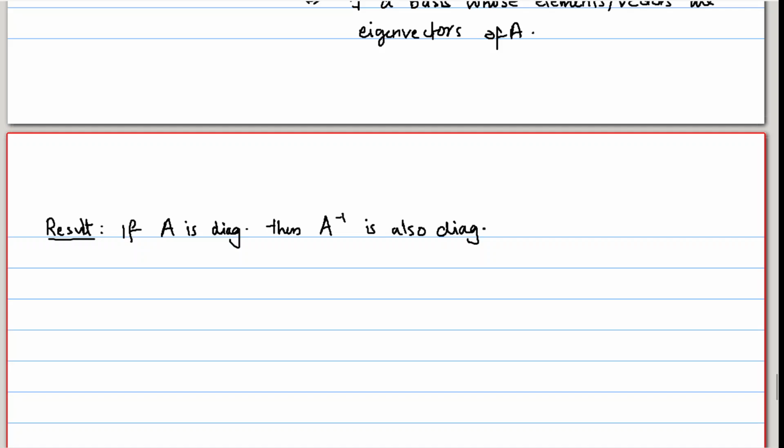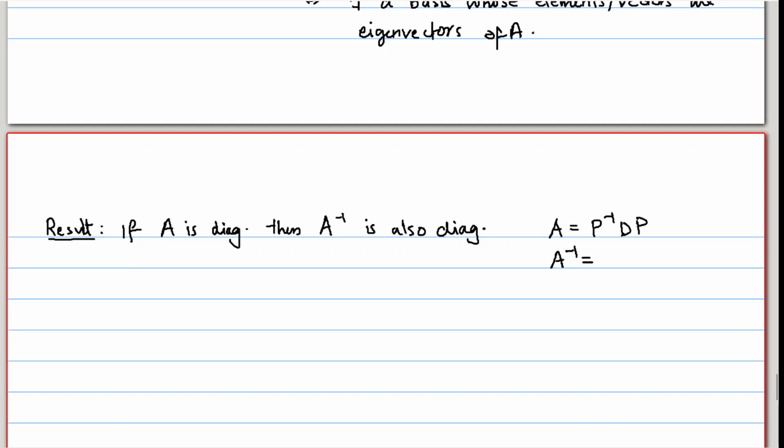If A is diagonalizable, what does that mean? That means you can write D as P inverse AP for some invertible matrix P. Sorry, you can write A as P inverse DP, where D is a diagonal matrix. Then what can you say about A inverse?